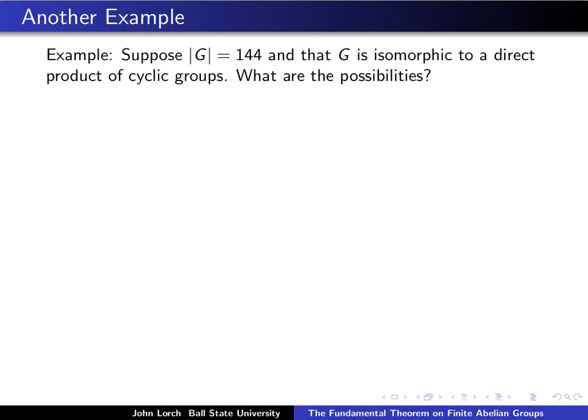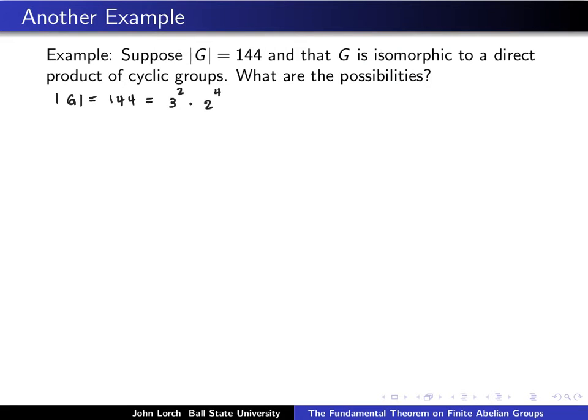So we know that the order of our group, G, is 144, and we can factor that into primes as 3 squared times 2 to the 4th.